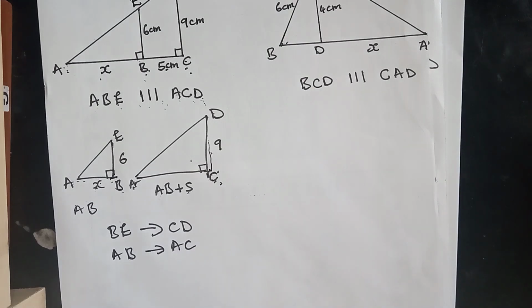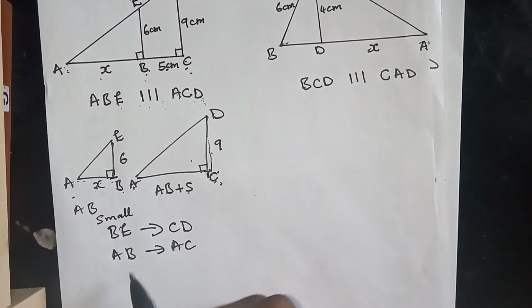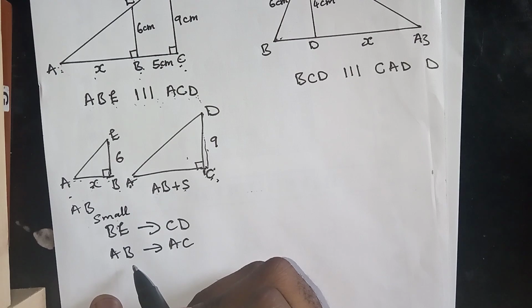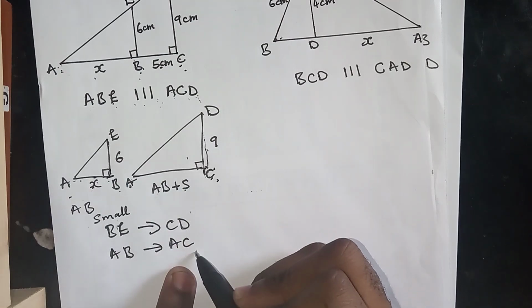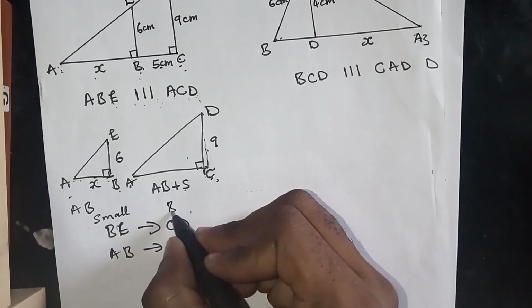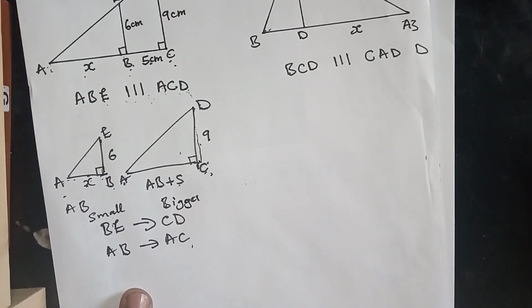So now the other thing you need to be careful with here is when you decide to start with the smaller triangle, make sure that everything this side is coming from the smaller triangle, and then everything this side is coming from the bigger triangle, like this.